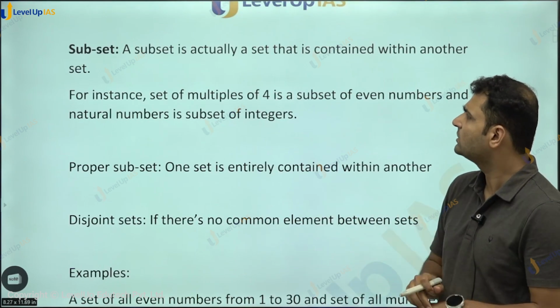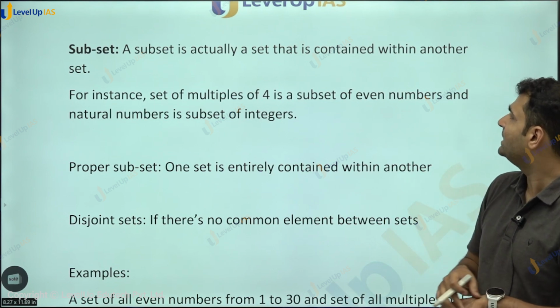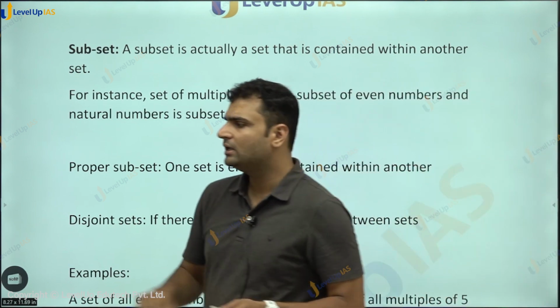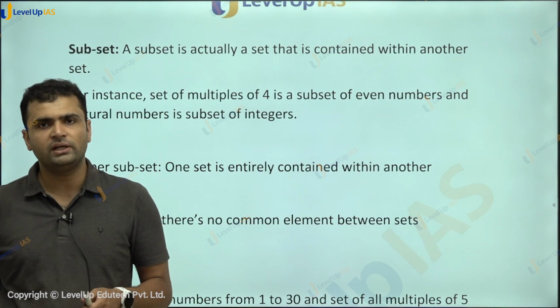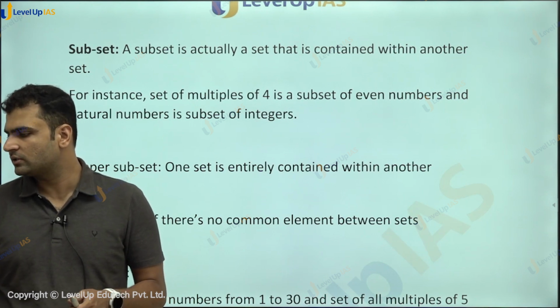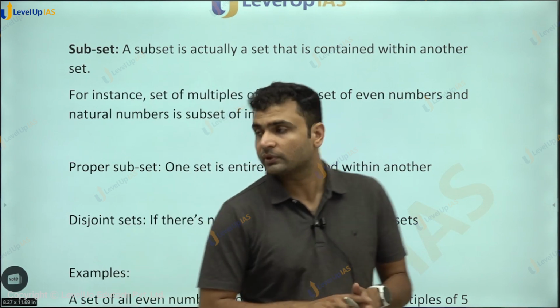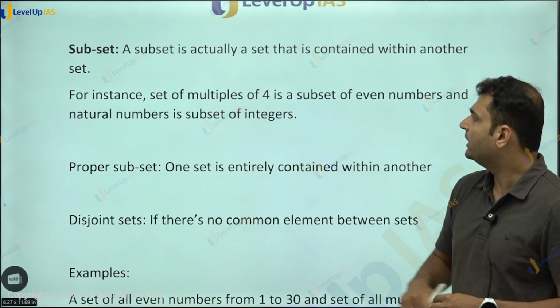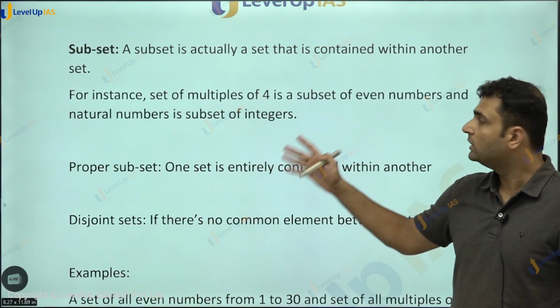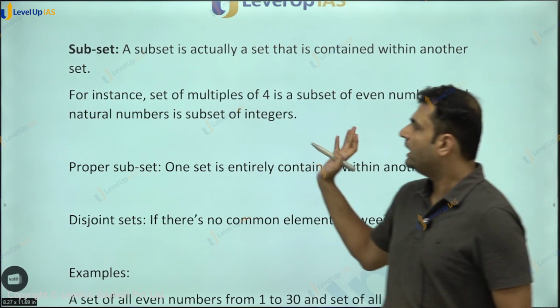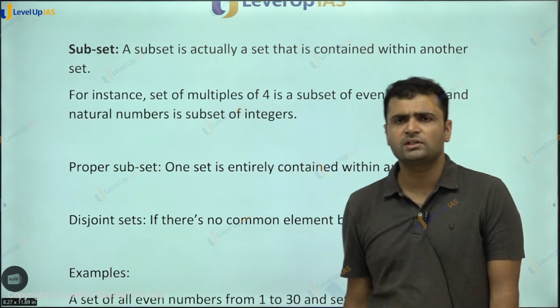Next is a subset. Subset is actually a set that is contained within another set. For instance, set of multiples of 4 is subset of even numbers, and also natural numbers is subset of integers.